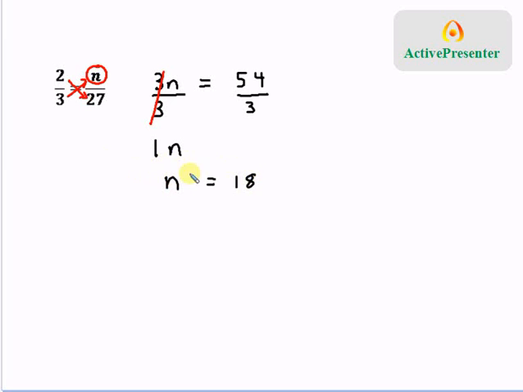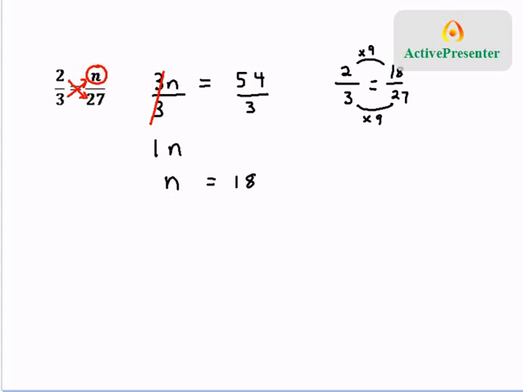Okay, so n is equal to 18. So that means if we want to, we can plug our values back in. We can say 2 over 3 is equal to 18 over 27. Well, let's check and see if that's correct. 2 times 9 gives us 18, and 3 times 9 gives us 27. So n is indeed equal to 18.